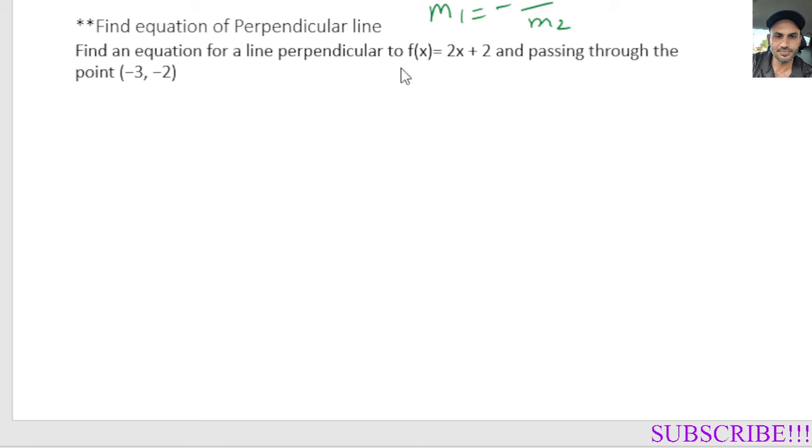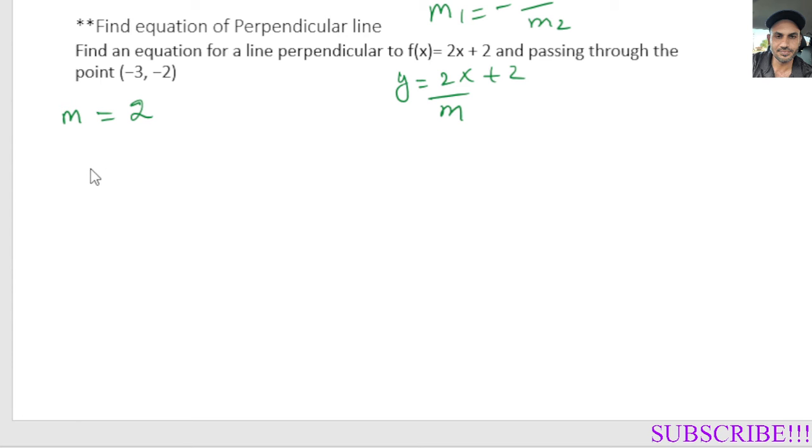Here we know this is the same as y equals 2x plus 2. So this is m, and the slope of our line is m equals 2.